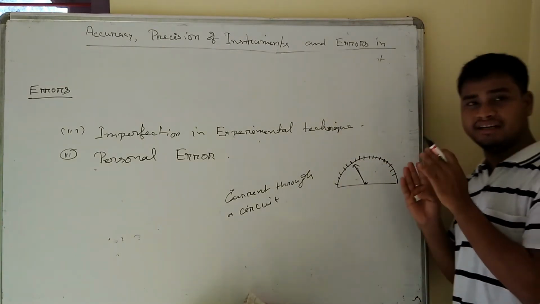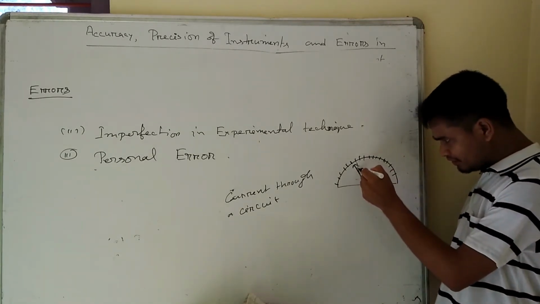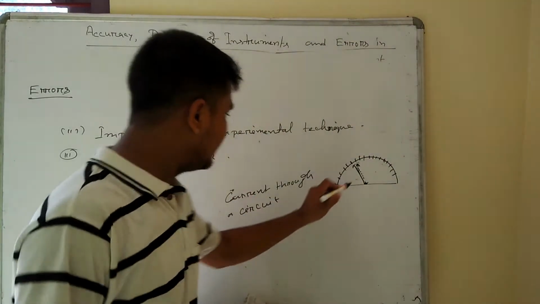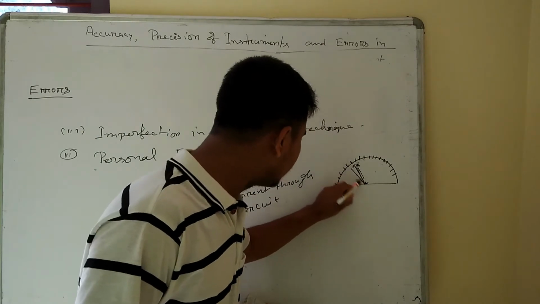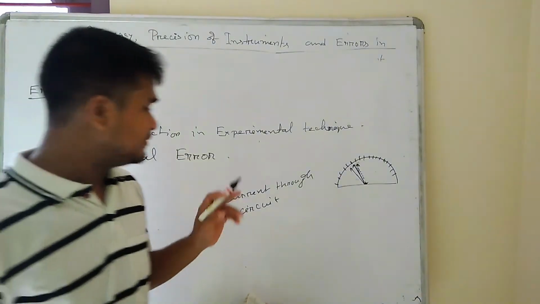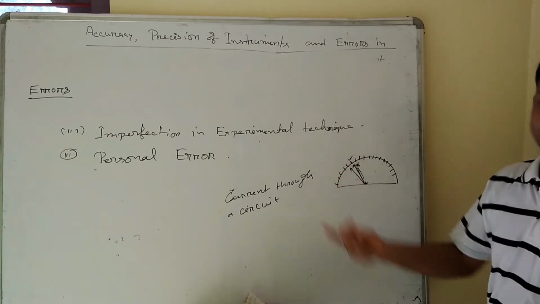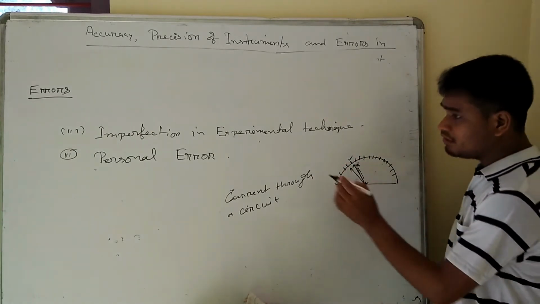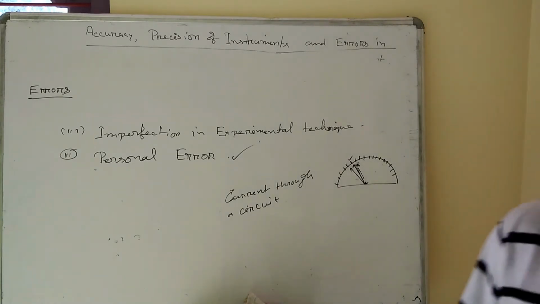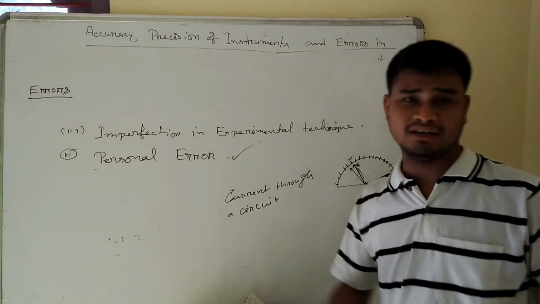If we see from this side, then the needle is observed like this, and if we see from the other side, then the needle will look like it is here. Okay, the true value is this, but from the other side the observed value is different. This is called personal error. Clear? This is also called parallax. We have already learned about the parallax method.